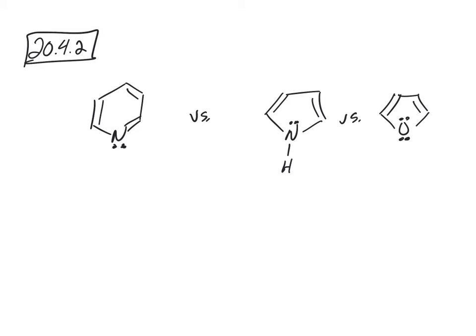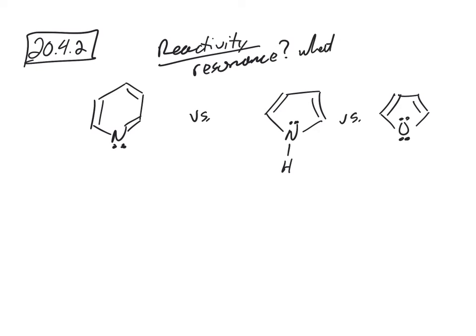So things you need to ask yourselves, right? I'm asking about reactivity of this lone pair. Is the lone pair in resonance? And what hybrid orbital does the lone pair reside in?